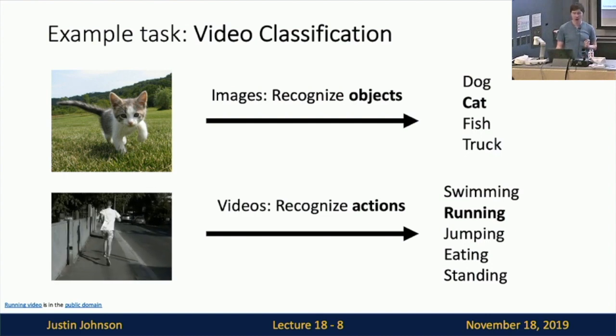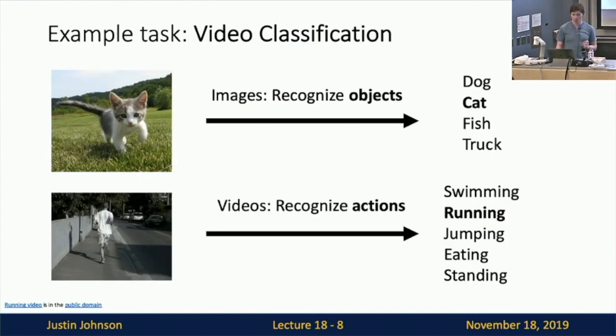Another thing to point out is that most of the verbs we usually care to recognize in videos are not just arbitrary actions, but actions that human beings are performing. The majority of video classification data sets out there have category labels that correspond to different types of actions or activities that people can do, because that's something we are really interested in.